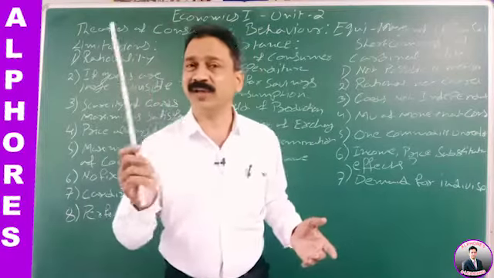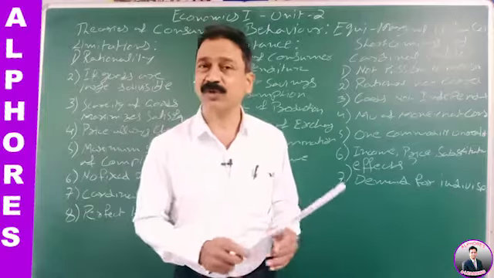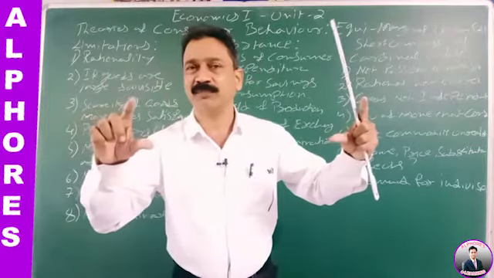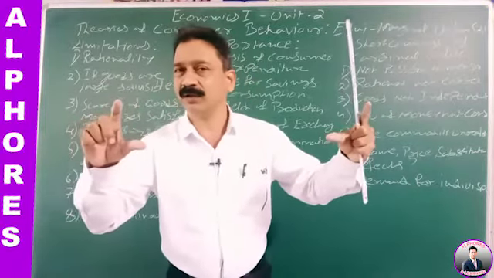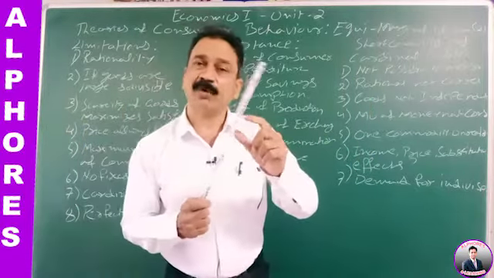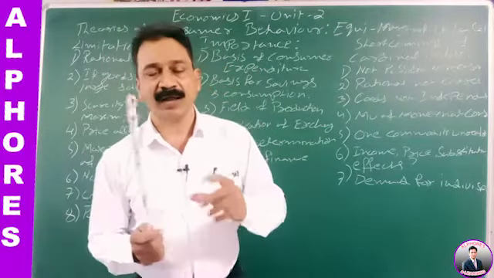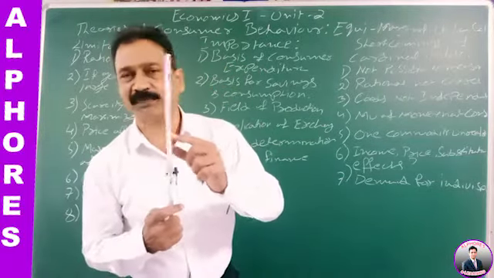I told you at the beginning itself, in this chapter, on the first day we discussed utility. Do you remember what is utility? The want satisfying power in any commodity is called utility. Every commodity has want satisfying power.